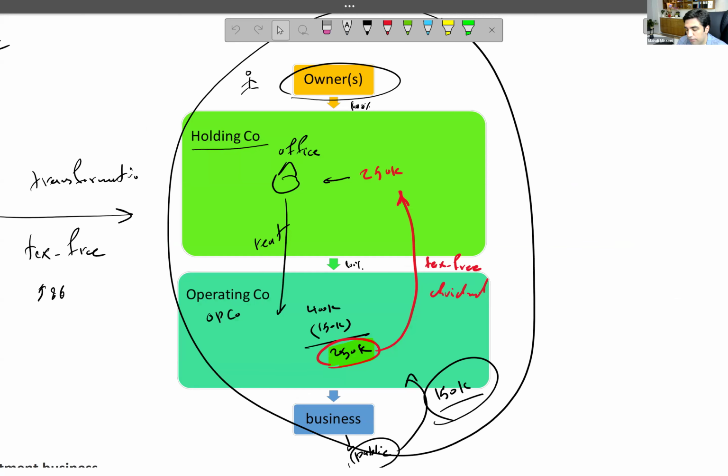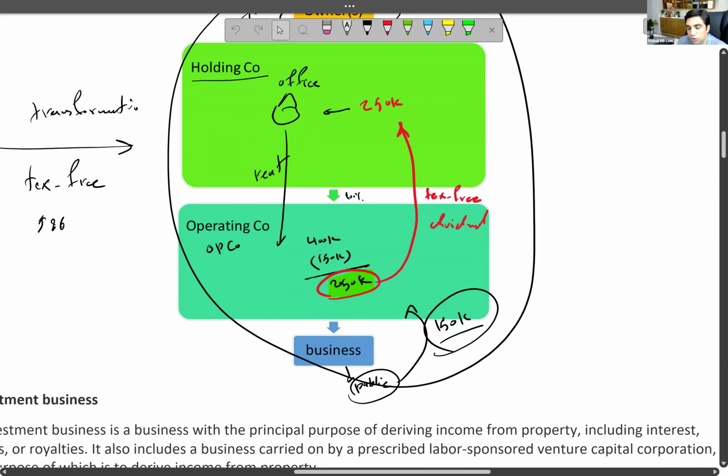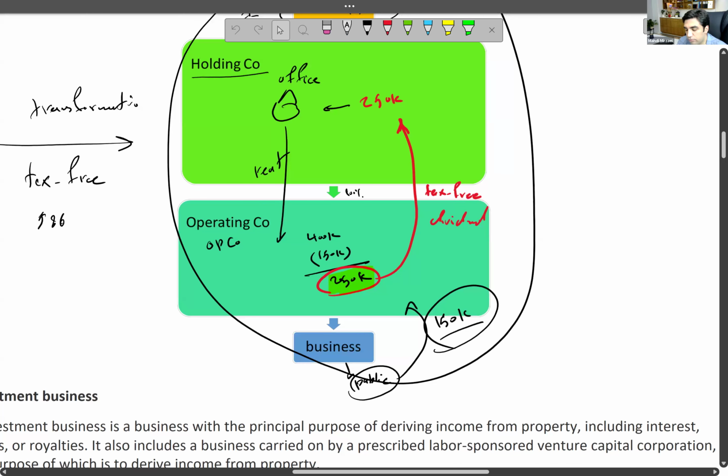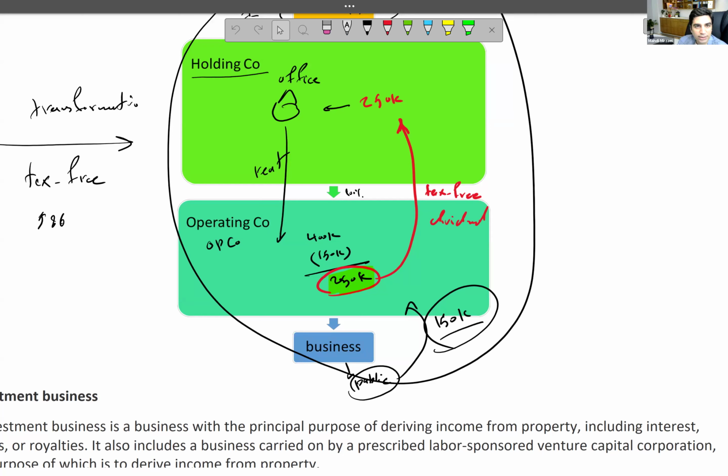If someone from the customers wants to sue the corporation, they're going to sue the operating company, and the operating company has no assets because all the assets are in the holding company. So in this structure, we added an extra layer of protection.